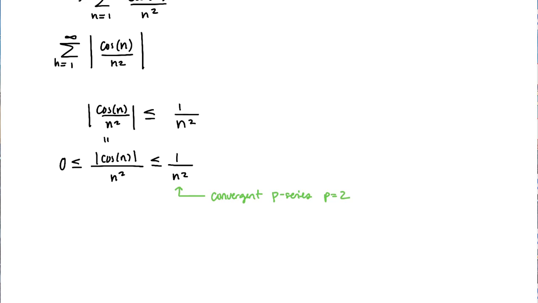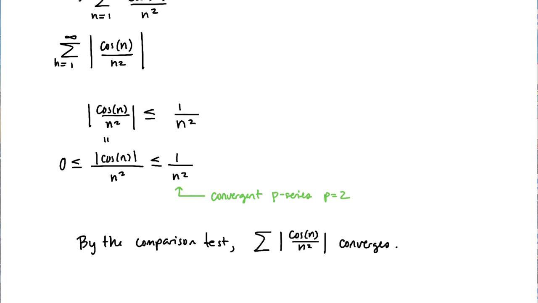So we have a convergent p-series, and then we have a series that's bounded by it. So that means by the comparison test, our series cosine of n over n squared converges. Okay, so we definitely have absolute convergence.